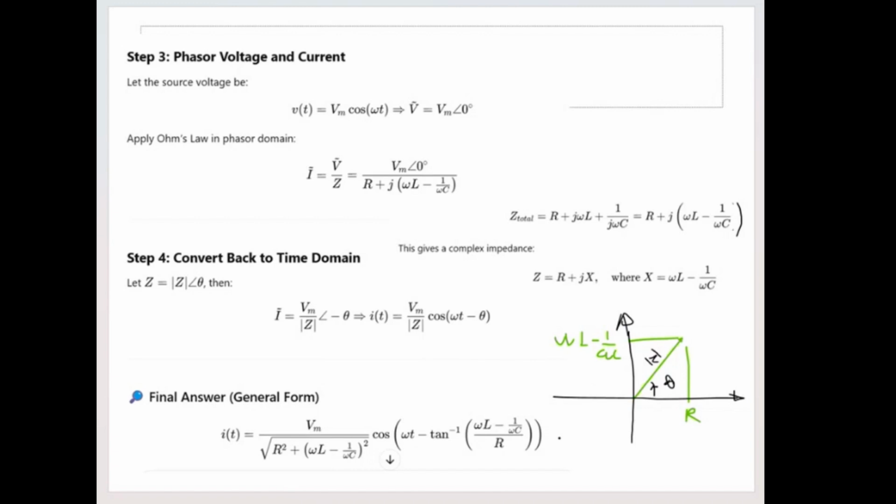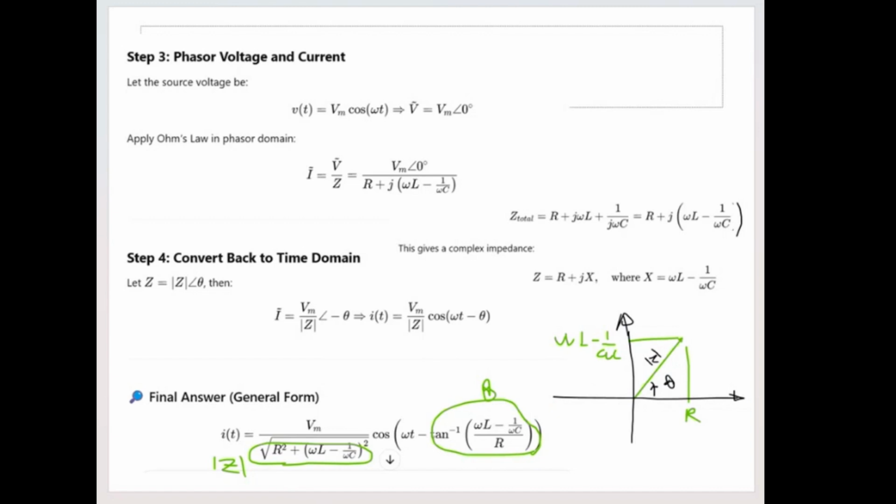This part is the magnitude of Z. And obviously this part is theta.